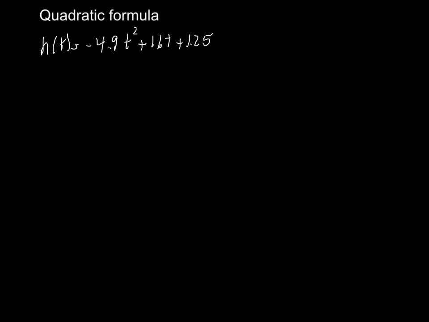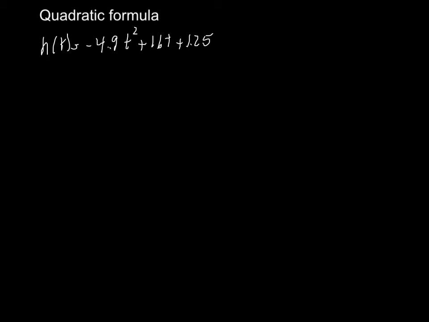Our next example is a word problem which states that we have a rocket which is launched upward, and the equation which describes the height of the rocket at any time is given by h of t is equal to negative 4.9 t squared plus 16t plus 1.25.